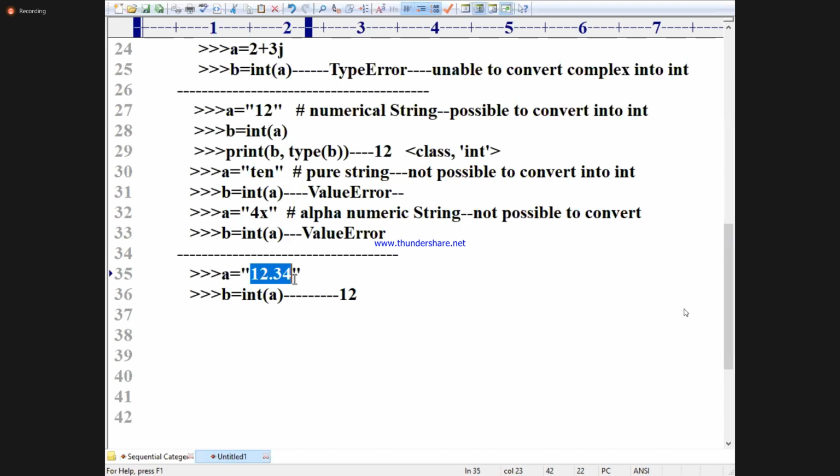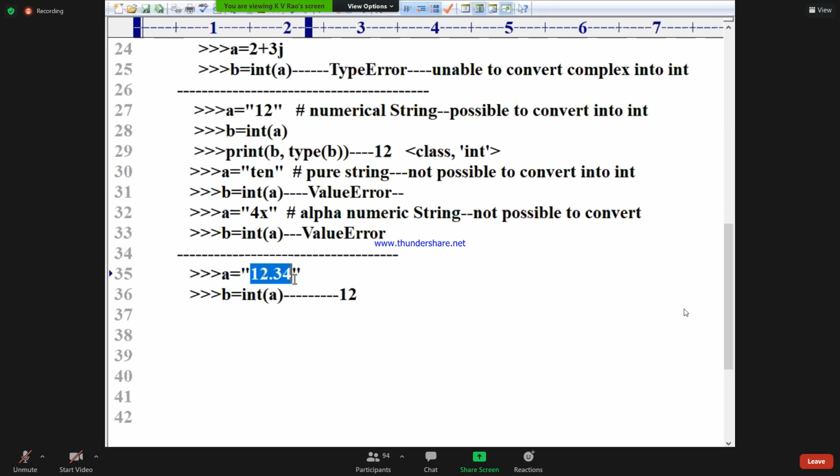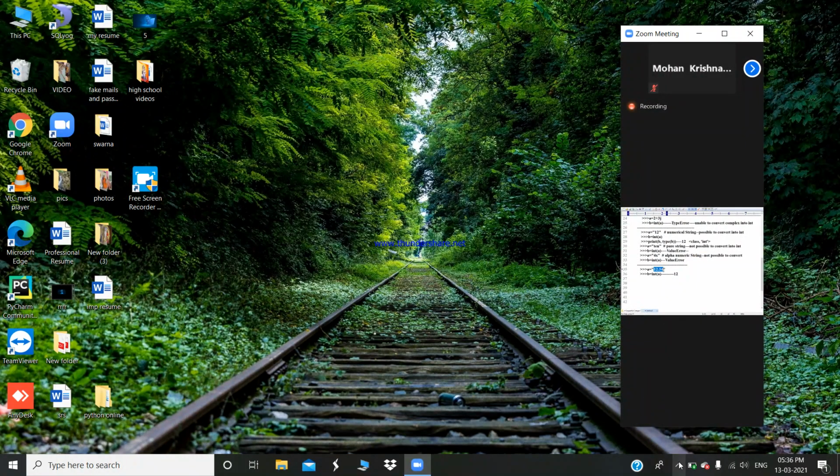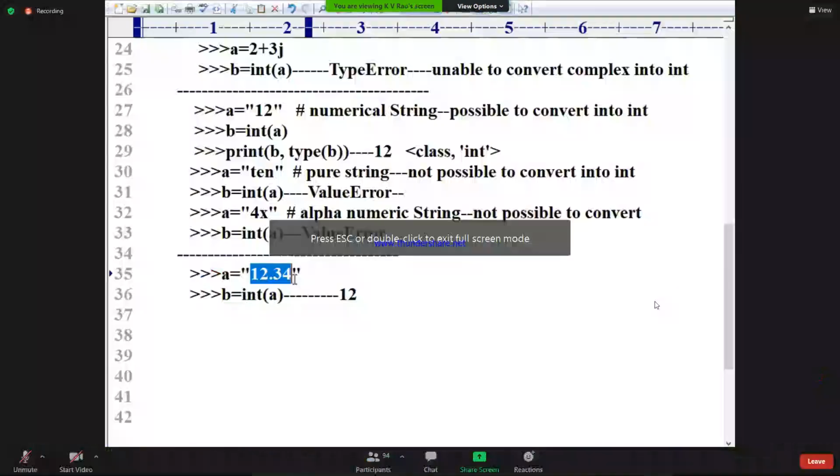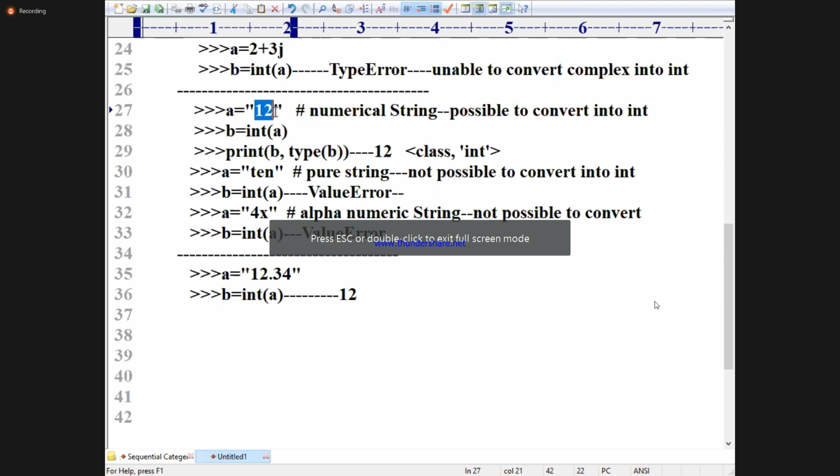It can convert. "4x" is what? Not an integer string. "ten" within the double quotes is what? Not an integer string. "12.34" is also not an integer string. See, 12 is basically what? Int. Double quotes means string, an integer string. Possible to convert.